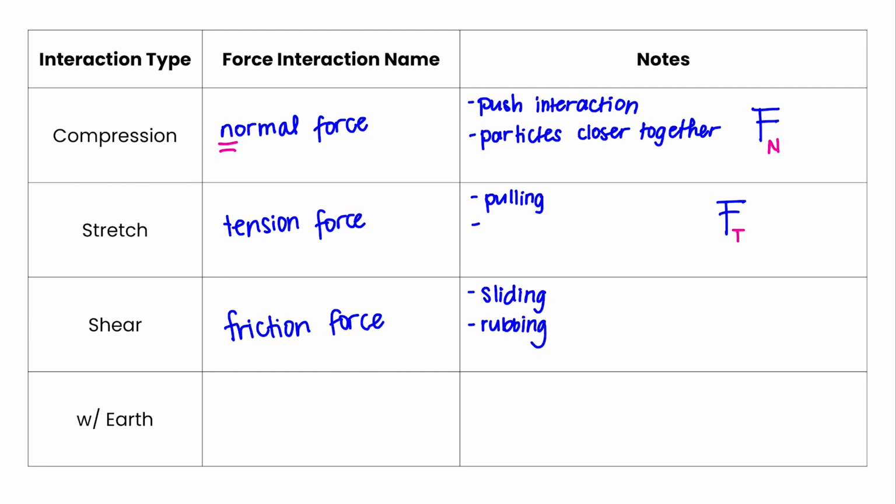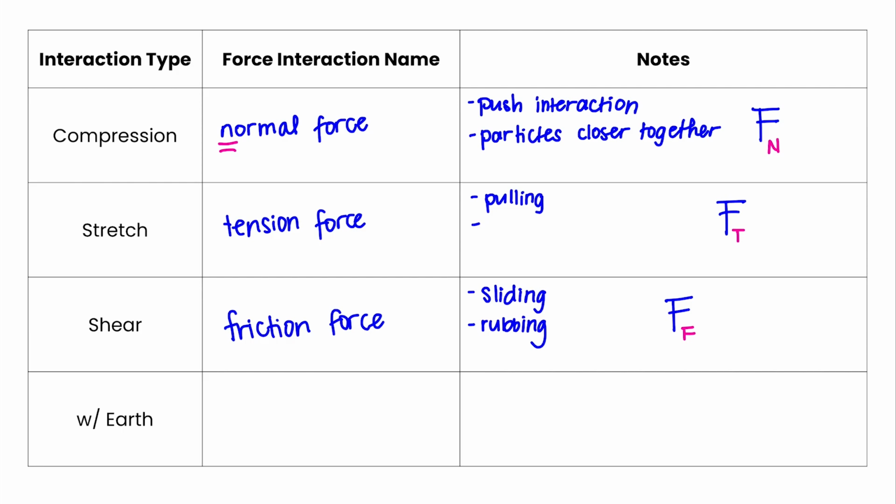So there's rubbing, like if you were to slide across a carpet or slide across the floor in your socks, right? There's still that sliding interaction. And so that force is actually called friction force. Okay, and so friction force is going to be symbolized with a capital F for force and then a subscript F for friction.